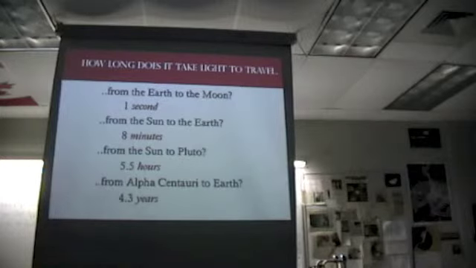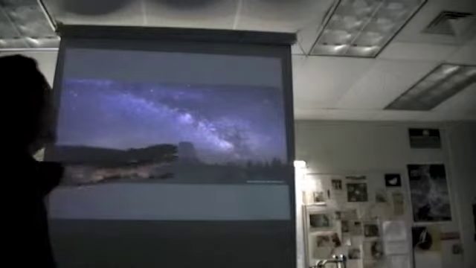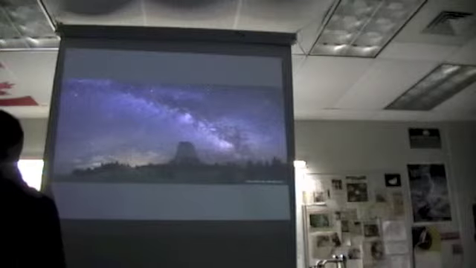Now, let me show you a picture of something. That's Devil's Tower out west here in the U.S. What are we looking at in the sky in this picture? Ah, the Milky Way. Now, what is the Milky Way? It's our galaxy. It's the name of our galaxy. Now, when you see it in the sky, of course you're not seeing the whole galaxy because we live inside of it.